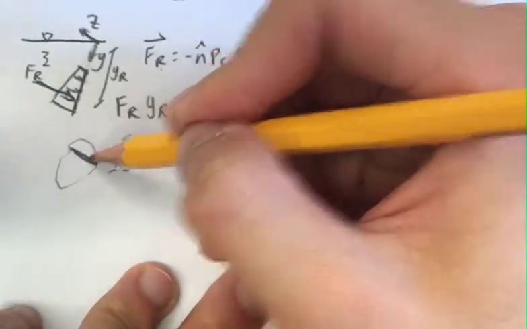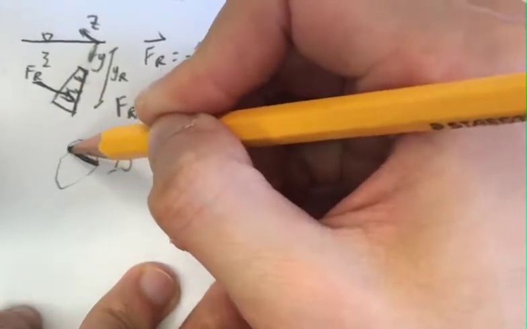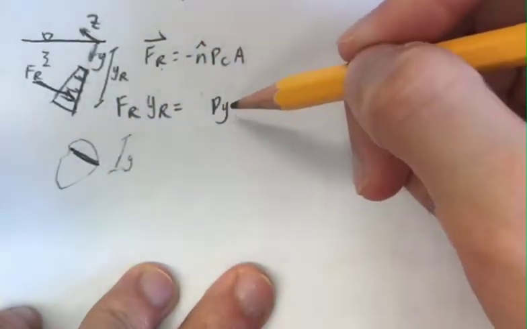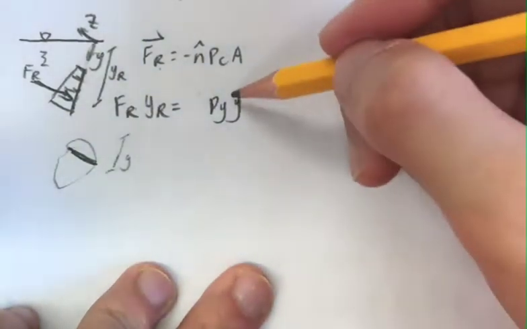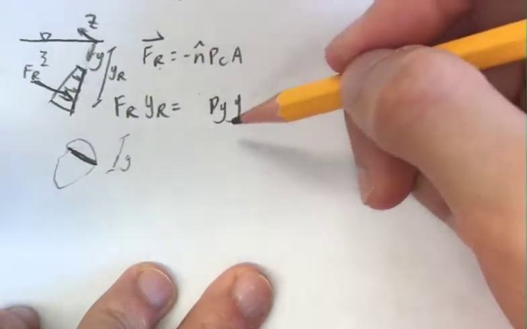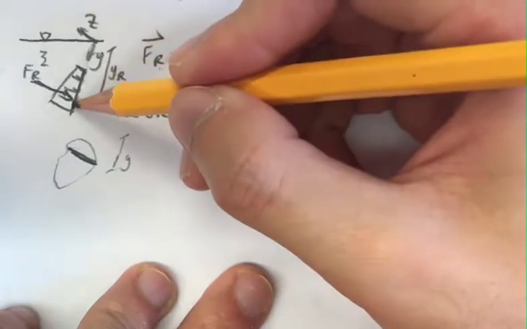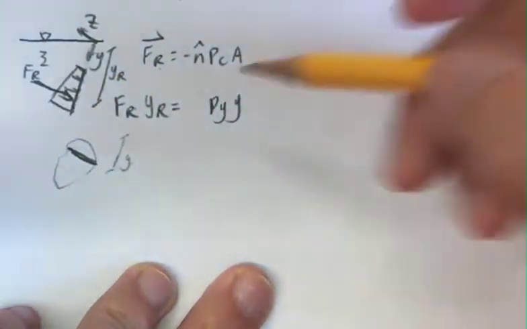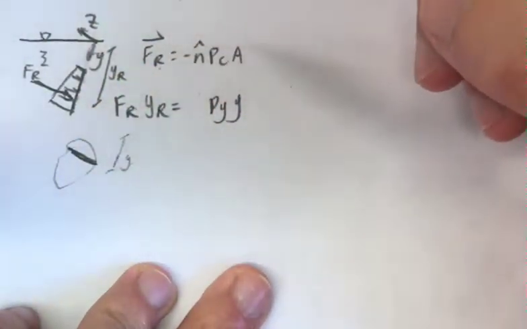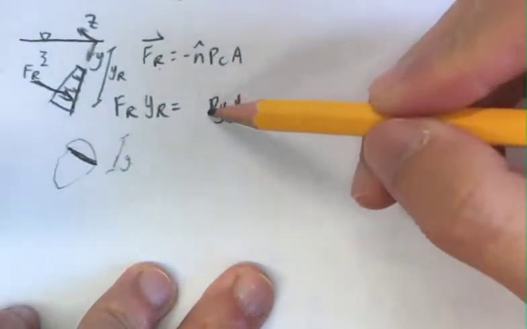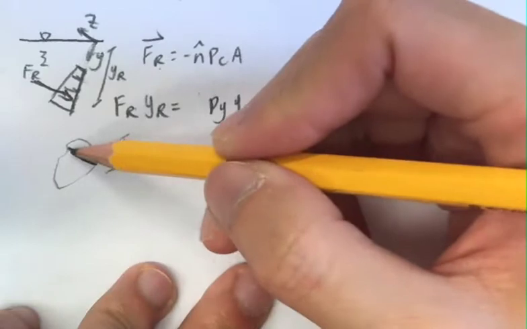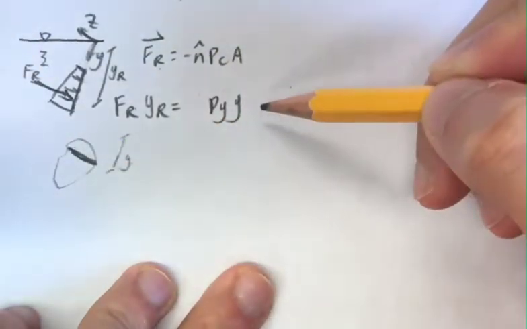The pressure acting here is Py, and we need to multiply Py by the lever, which is the y coordinate here, because we are taking the moment about this point. Py times y. We need to times the width, right?